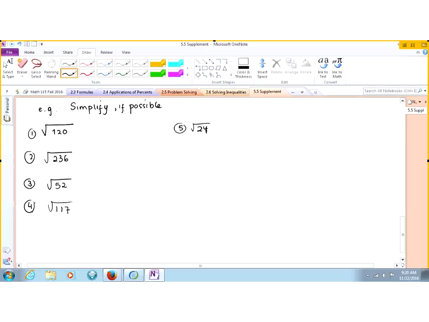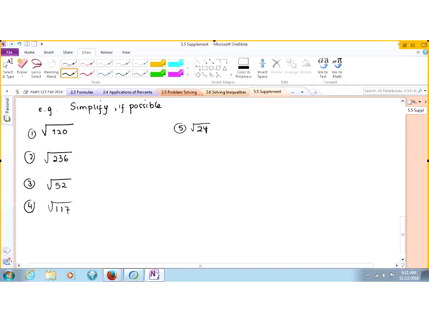Okay, 24 is what? What perfect square can you factor out from 24? 24 is divisible by 16? No, right? What perfect square can you factor out from 24? 4, right?